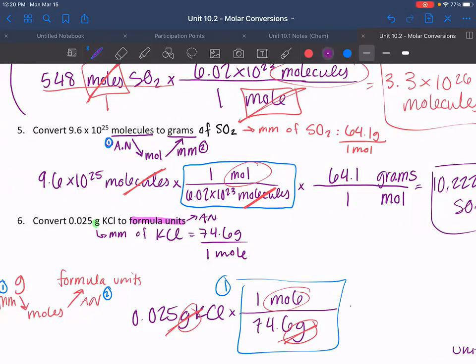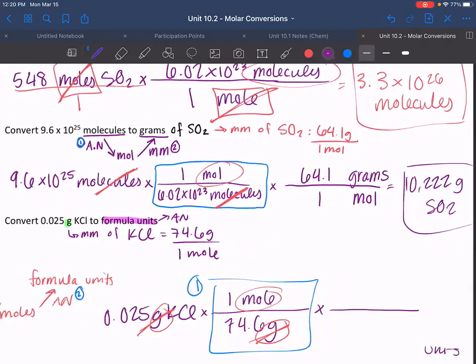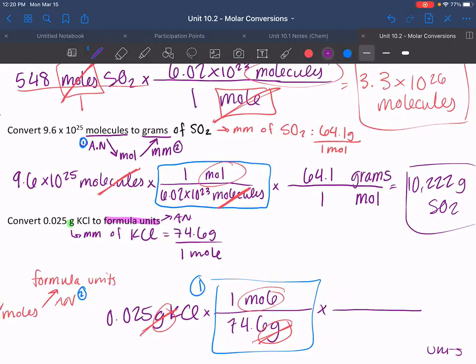Now we're going to do step 2, converting from moles to formula units. So we're going to use Avogadro's number. Do we want the big 6.02 formula units on top or bottom? On the top, that's our target. We want 6.02 times 10 to the 23rd formula units for 1 mole.